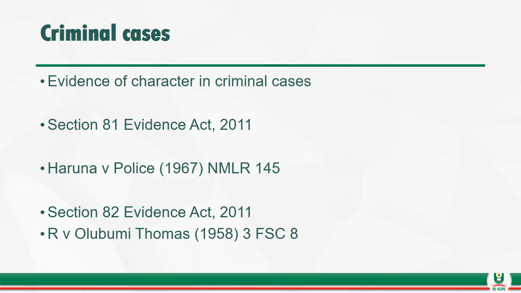and that may be helpful in doubtful cases, in a situation where there is doubt as to whether the accused person committed the offense or not. But in a situation where the case against the accused person has been proved beyond reasonable doubt, evidence of good character may not really be of much help.